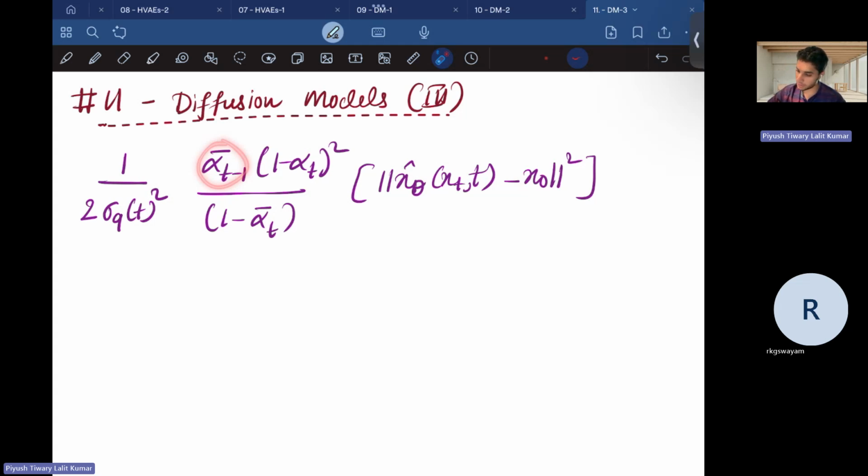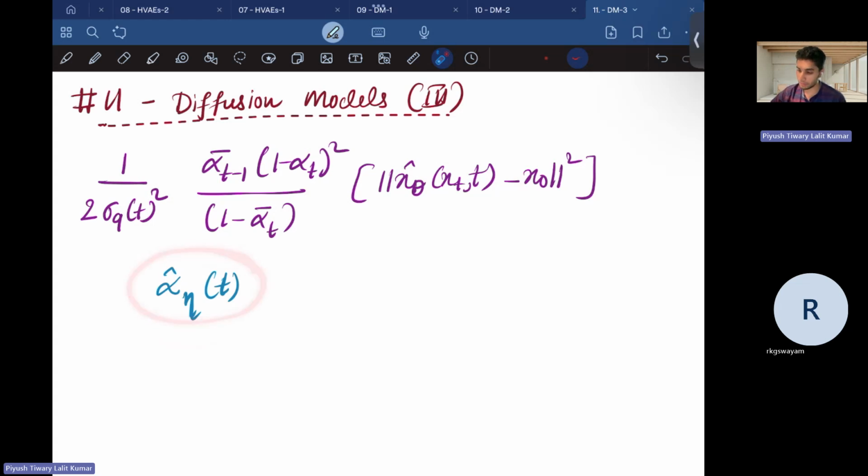So a naive way is to say that my alphas are going to be parameterized by some network eta, and I am going to make them time dependent, because alphas are dependent on time. So I have parameterized it using a neural network eta, and it is taking t as input. However, note that this is a very difficult parameterization. This is a very bad design choice, so to say.